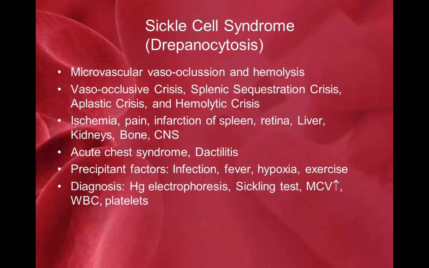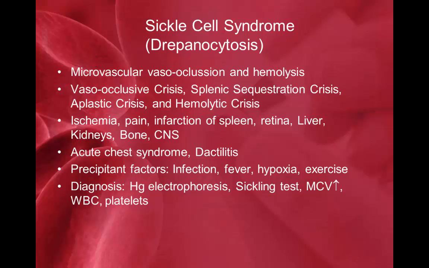Distorted, inflexible RBCs adhere to vascular endothelium, and that blocks the arterioles and capillaries. That leads to infarction. So venous plugging predisposes to thrombosis. So any acute exacerbation produces a crisis, and that occurs intermittently. Patients have real pain. It's not that they are addicted to pain medications.